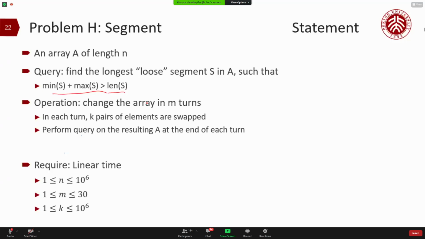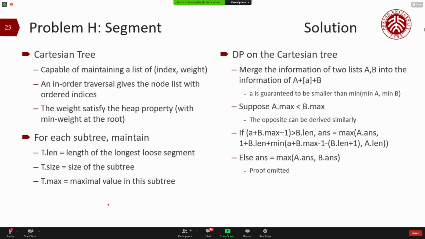So at the beginning, we need to compute the length of the longest loose segment in A. And after each turn, we also perform one more query. So according to the size of this problem, we require linear time for the queries.